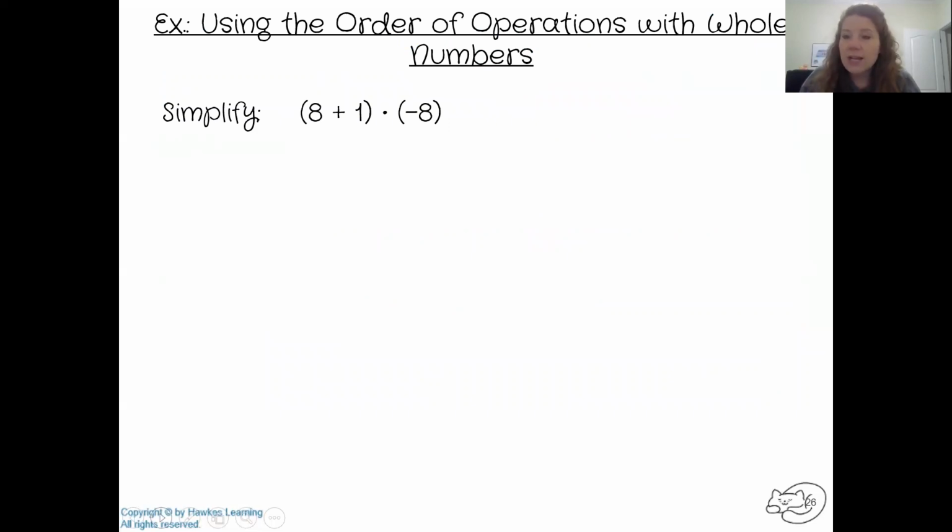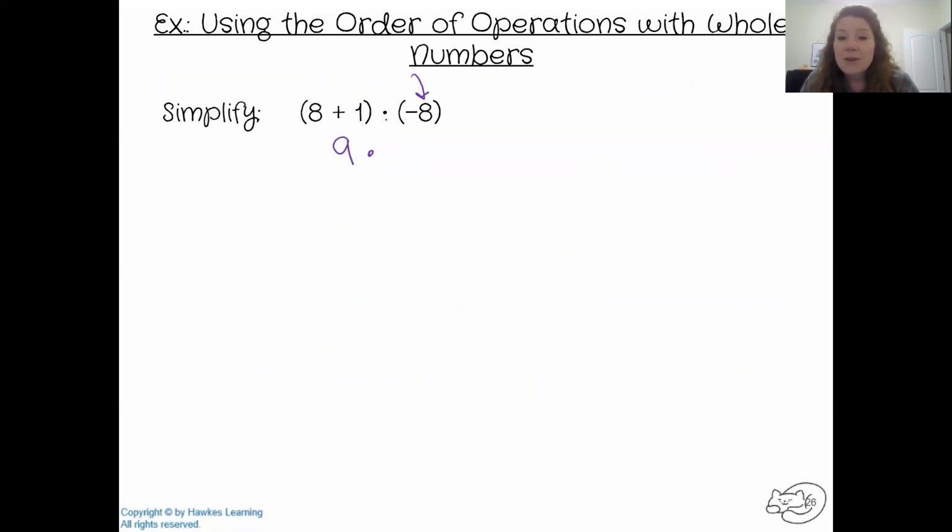So for this particular calculator, you do have parentheses. So whenever you have any math problem with parentheses, you would want to plug that into your calculator exactly the way you see it. So in this problem, we would do parentheses first, which 8 plus 1 is 9, times, now this, even though it says parentheses, just indicates that this is a negative number.